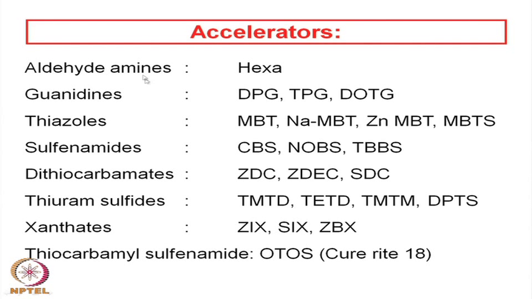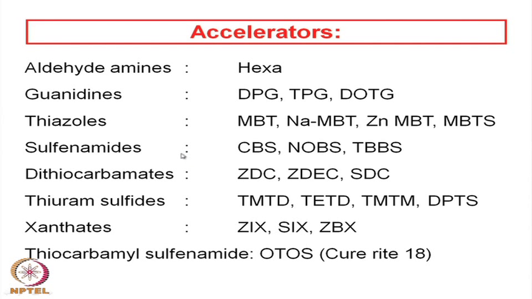Now, their speed of reaction with sulfur to form sulfur cross-link bonds differs depending on their chemical structures, and that is why a proper selection of a suitable accelerator from this list is necessary.